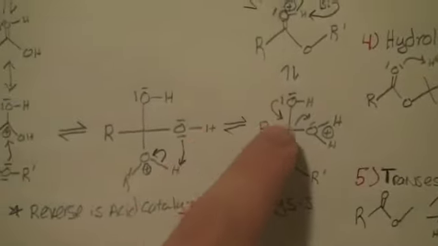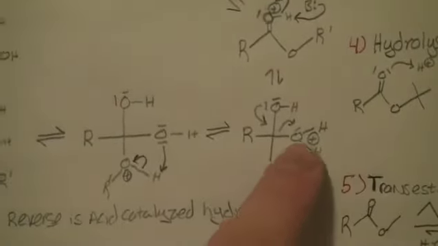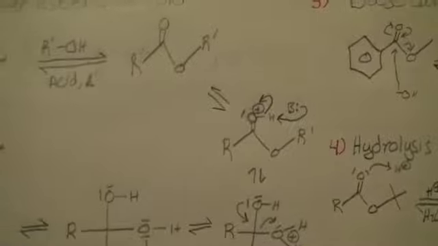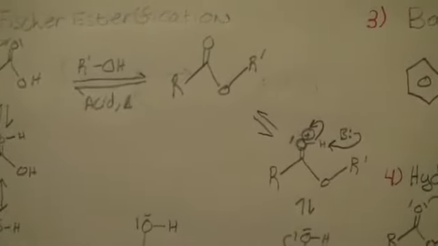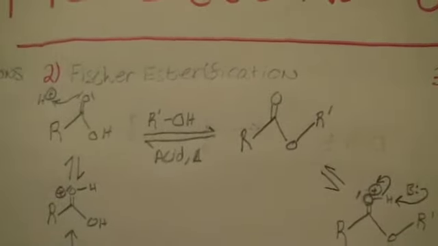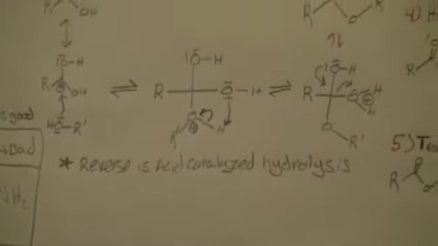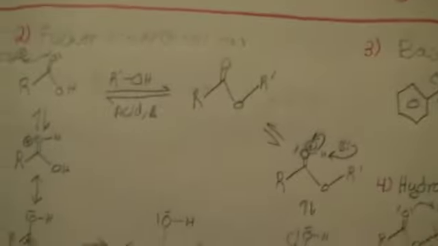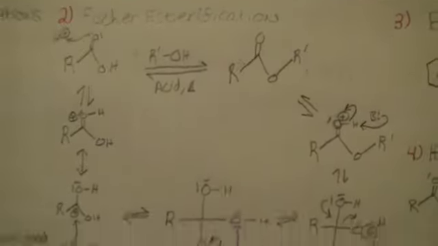Now that you have that, the tetrahedral intermediate collapses, it kicks off the water, and then a base takes away the extra hydrogen that you took on in the first step. Base is probably something like water. And there you are. That's your ester. Note that this is the exact reverse reaction. Notice how these steps are all reversible, so this is acid catalyzed hydrolysis of an ester.